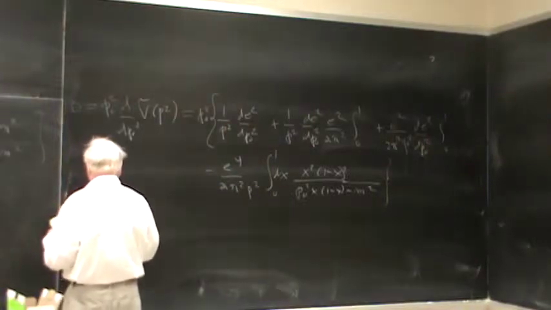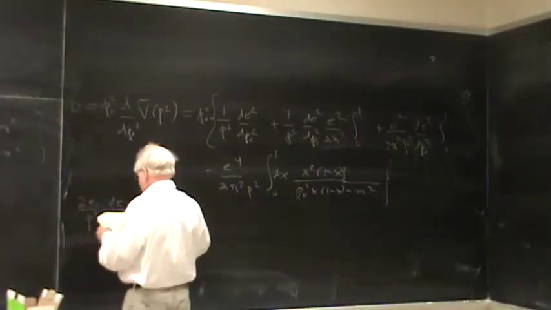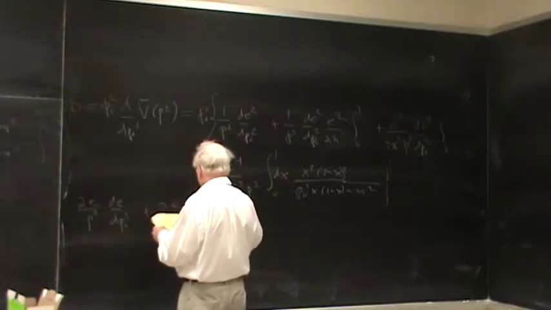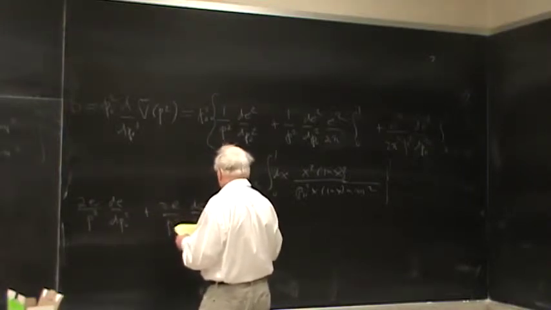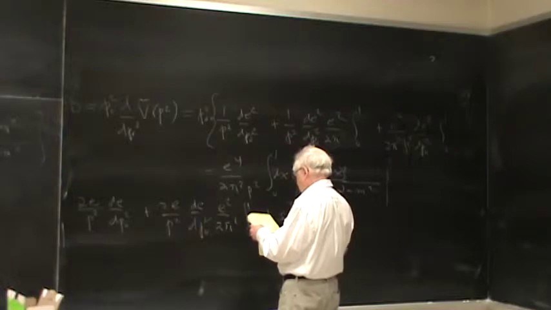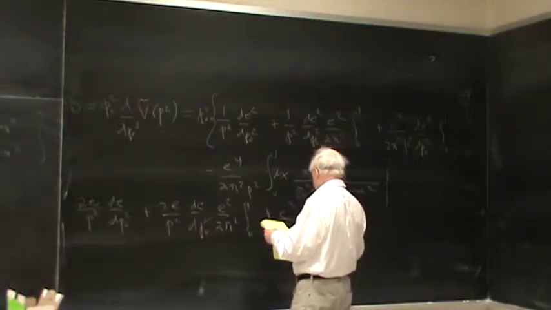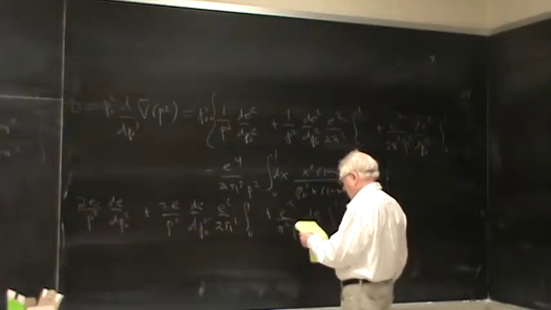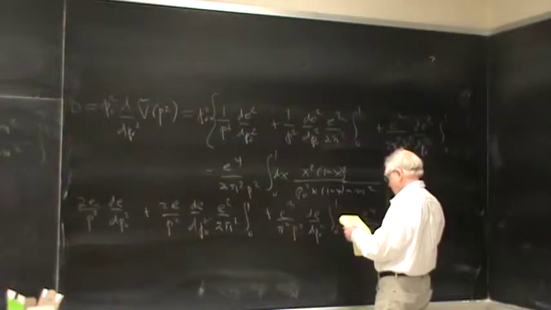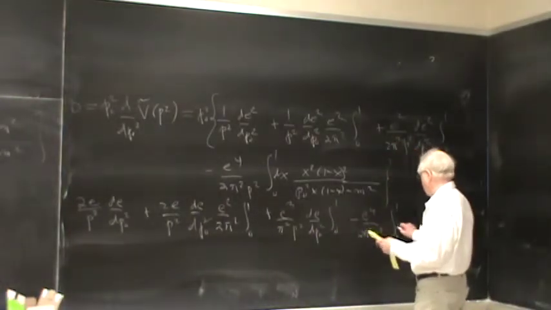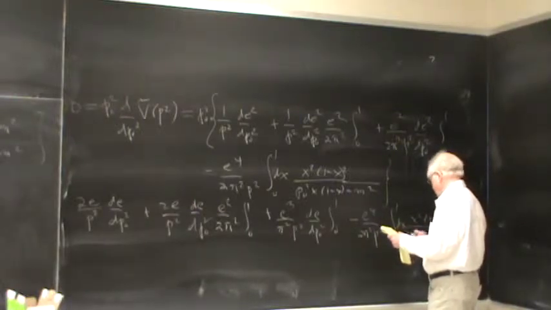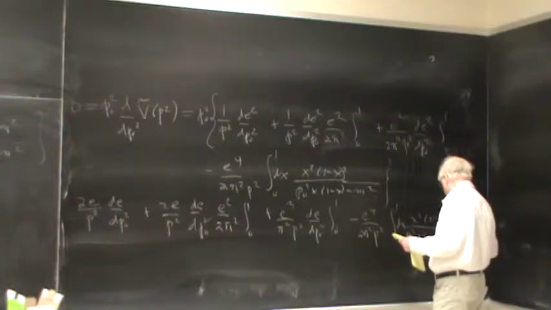So we have dE dp0 squared plus 2E over p squared dE dp0 squared, e squared over 2 pi squared integral 0 to 1, plus e cubed over pi squared p squared dE dp0 squared integral 0 to 1, and then finally minus e to the 4th over 2 pi squared p squared integral 0 to 1 dx x squared 1 minus x squared over p0 squared x 1 minus x minus m squared.